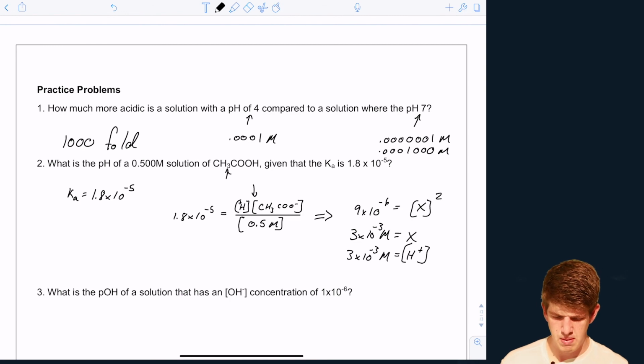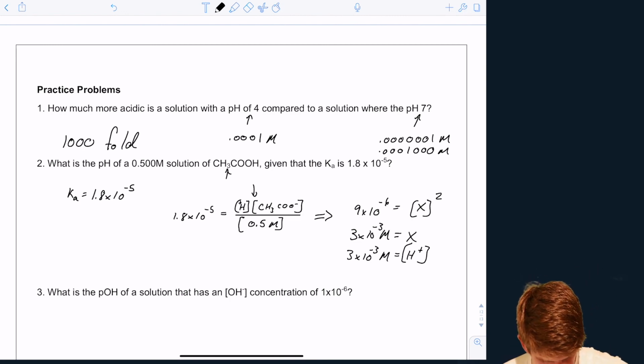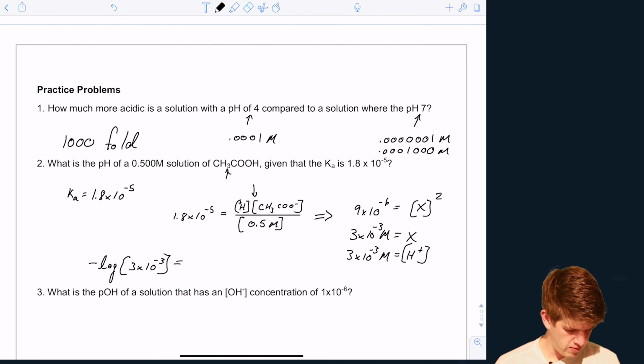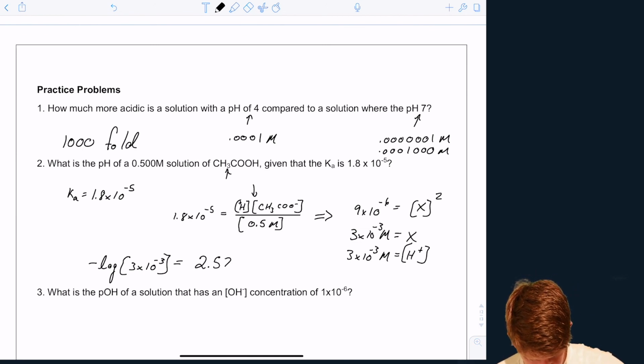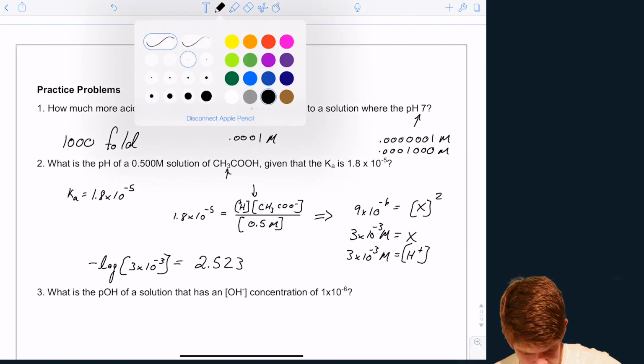Now this is asking for pH, so I just have to do the negative log of 3 times 10 to the negative 3. And that will be 2.523.